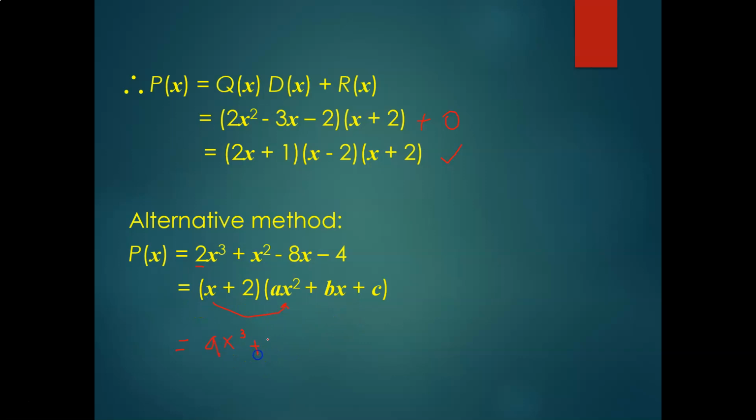So I will have bx square. And then I will have plus cx. And again, you expand lah yang ni. 2ax square. And 2bx plus 2c.